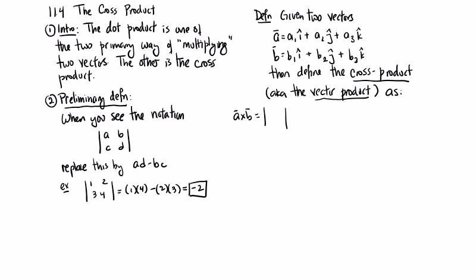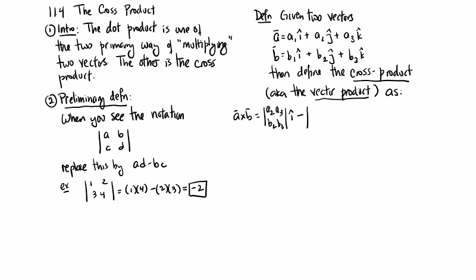I look back at my A and my B, and I ignore the i's, and I look at the numbers that remain: A2, A3, B2, B3. Take a second to see what's happened there. I'm building the i component, so I cover up the i components in the A and the B, and I take the other 4 numbers and slot them in: A2, A3, B2, B3. Then I do a minus.